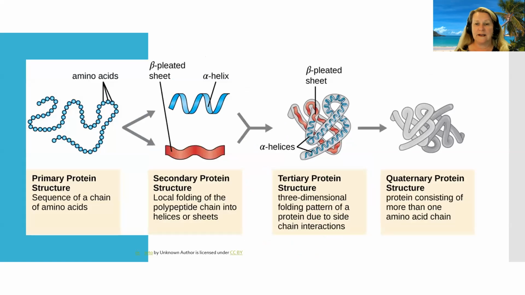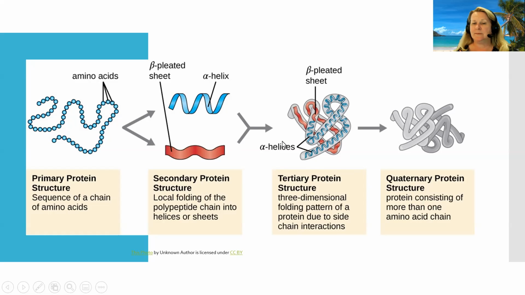And here's a great summary of the 4 different levels of protein structure. I think you either have this exact same diagram or something very similar in your textbook. Your primary structure is a sequence of amino acids. Your secondary structure is when that chain either spirals into an alpha helix or folds back and forth on itself into a pleated sheet.